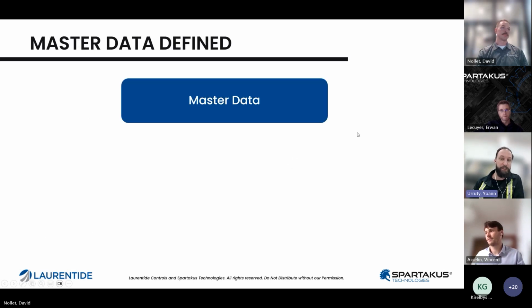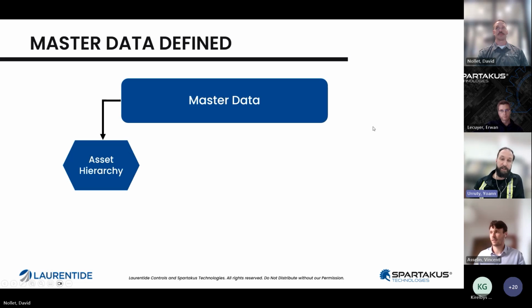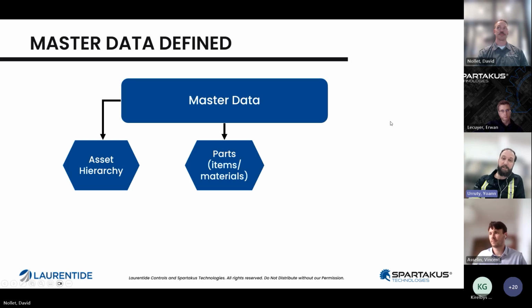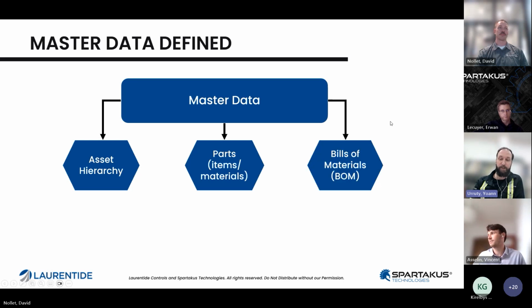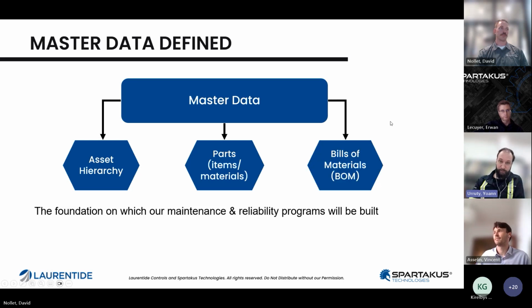So what is the definition of master data? So really it encompasses a bunch of things. So asset hierarchy, the parts, and the bills of materials. So it's really what's going to be our focus today, what represents what you have in your facility on the field.